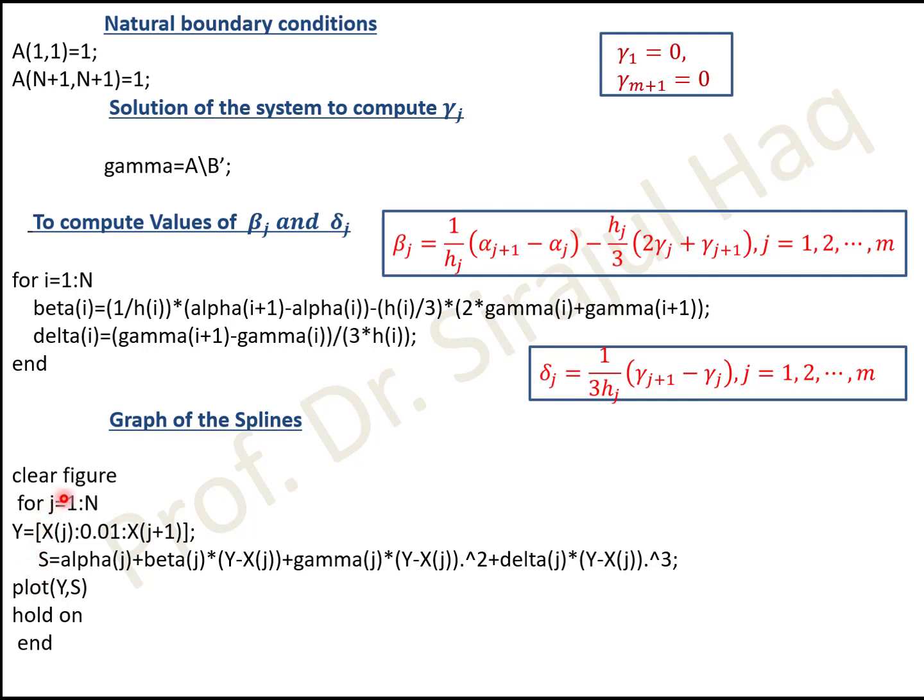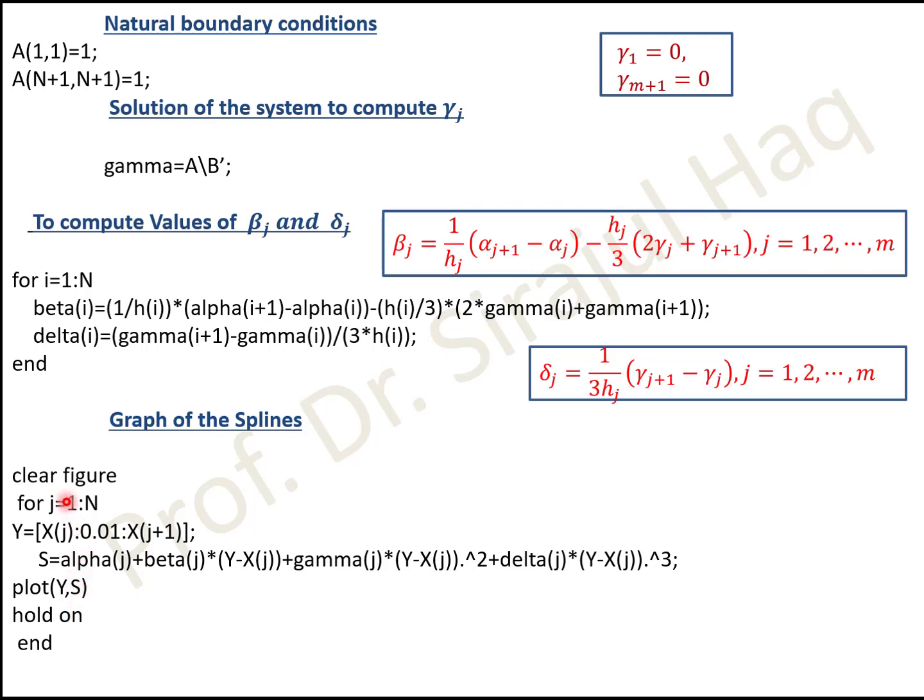And finally, it will reach up to j is equal to n, which will be the last spline, between xn and xn plus 1. In other words, between xm and xm plus 1, which was the endpoint of your data, and will plot s against that one. So that will complete your graph of all the splines.